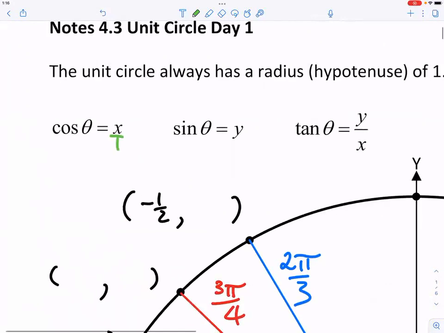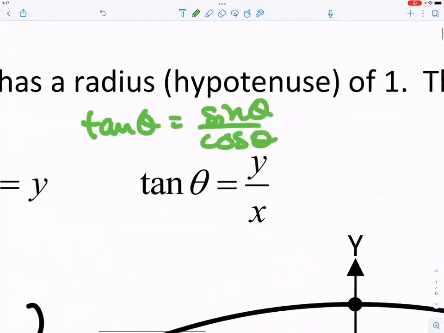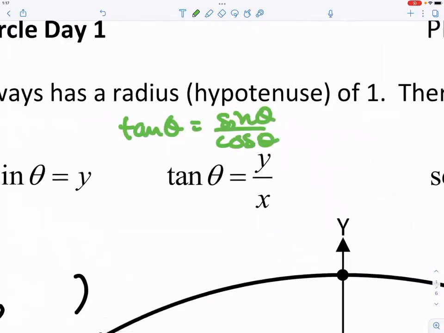And don't forget the very first day that I told you that tangent theta is equal to sine theta over cosine theta, okay? Tangent theta is sine theta over cosine theta, and that's the reason why tangent theta is y over x. Or you can also think about it as the opposite over adjacent, so y over x.